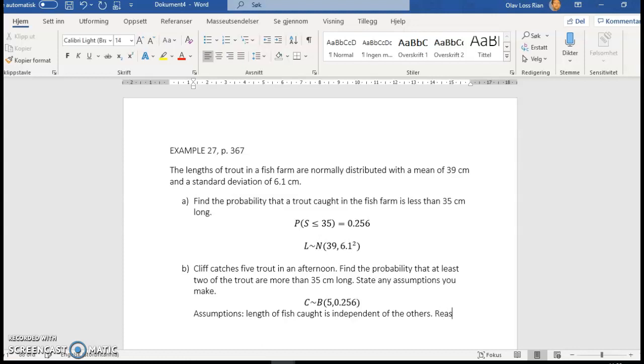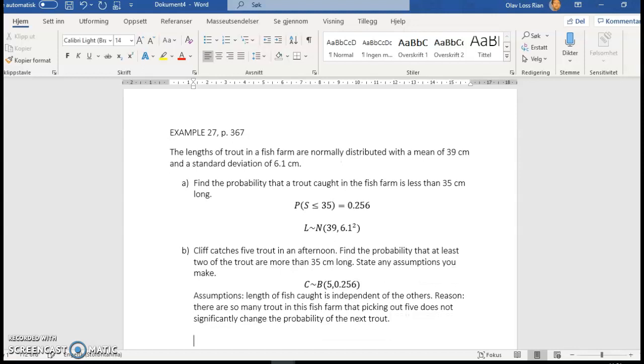Now, the reason for allowing us to make this assumption is that there are so many trout in this fish farm that taking out 5 does not significantly change the probability of the next trout, or the length of the next trout.